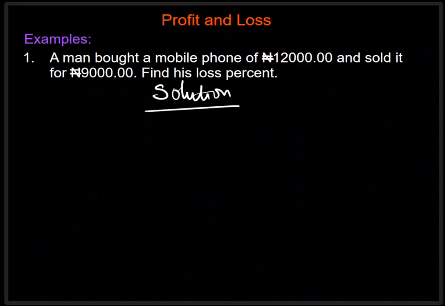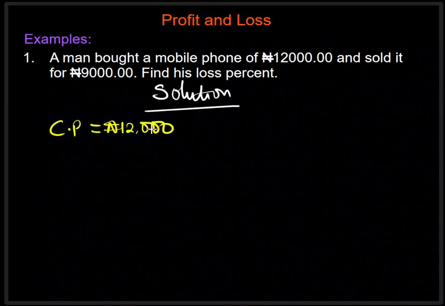So a man bought a mobile phone of 12,000 naira, and sold it for 9,000 naira. So if you check, bought, that's the cost price. So we have that our cost price is equal to 12,000 naira, right?